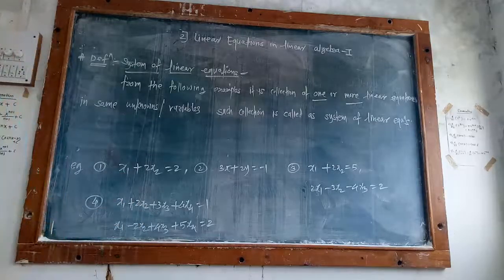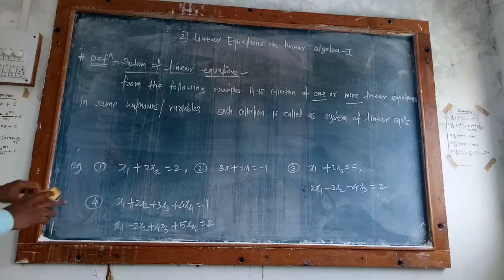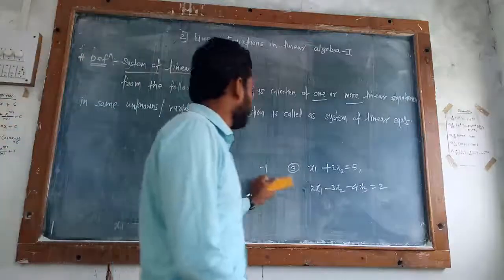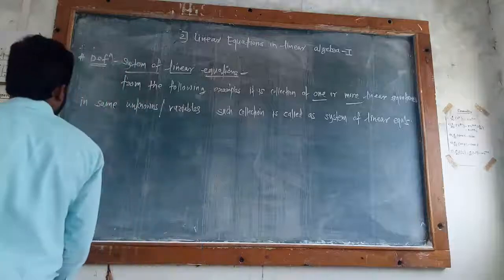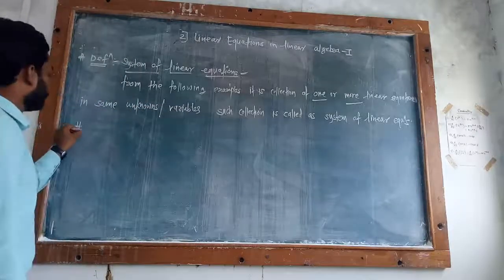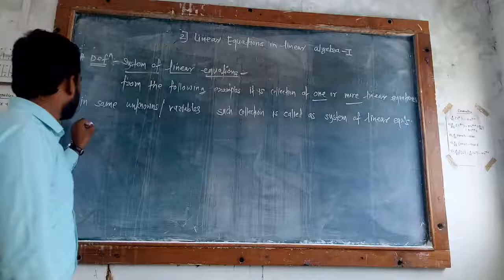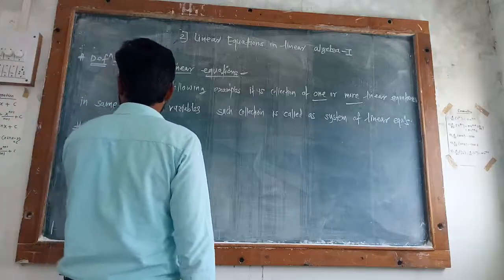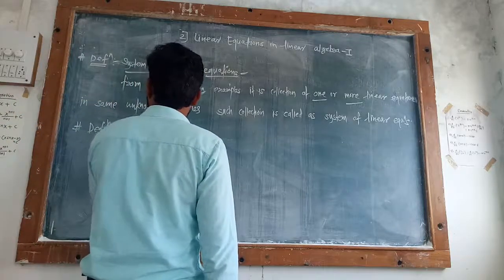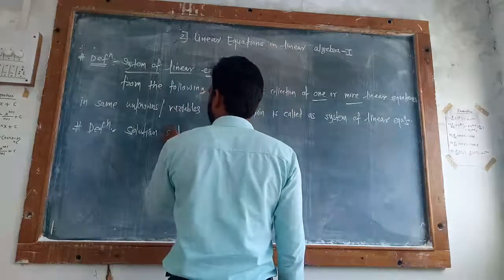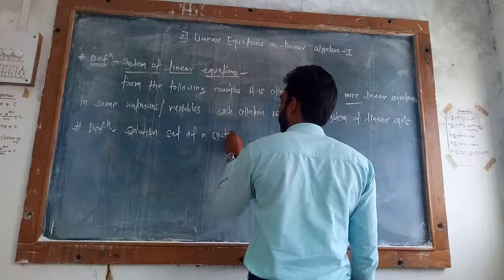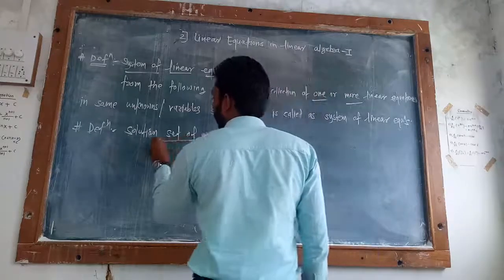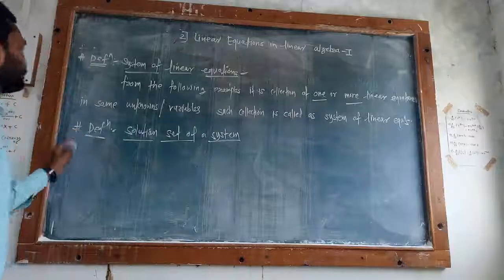Let us write down the next definition. What do you mean by a solution of a system? Our next definition is the solution set of a system.